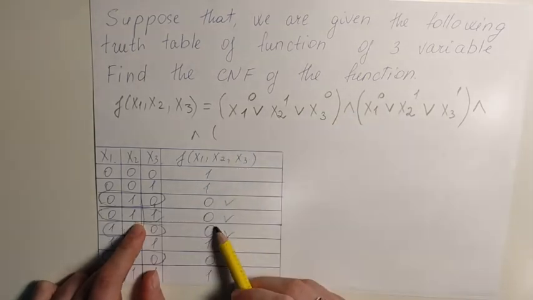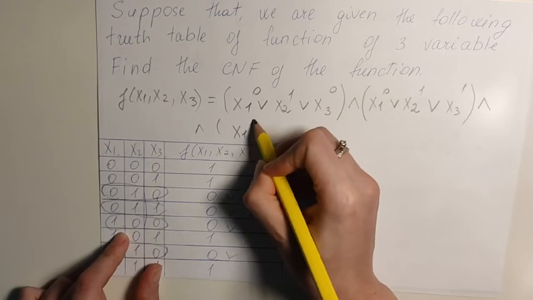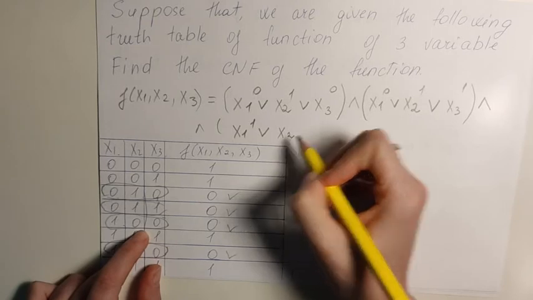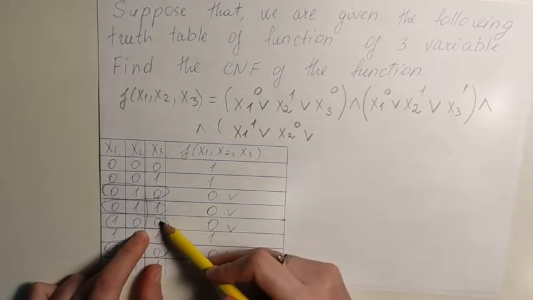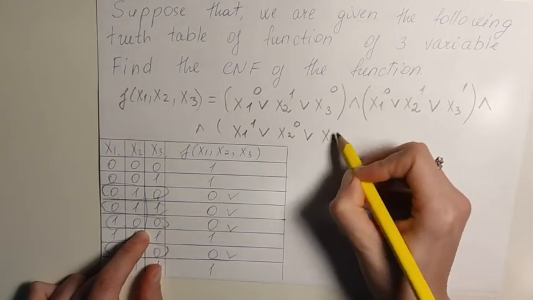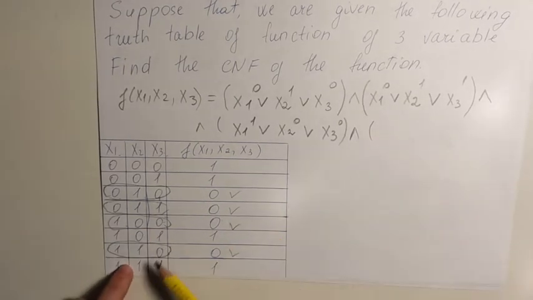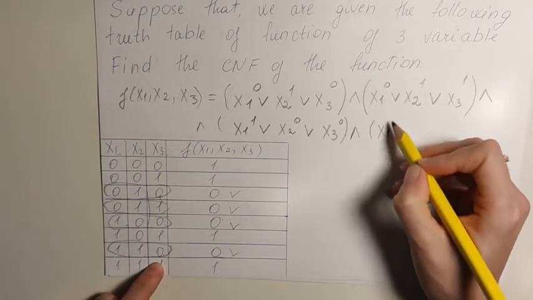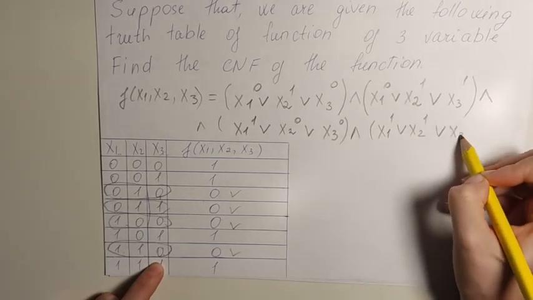The next one is x1 1, x2 0 and x3 0. Continue. Finally, the final triple is x1 1, x2 1 and x3 0.